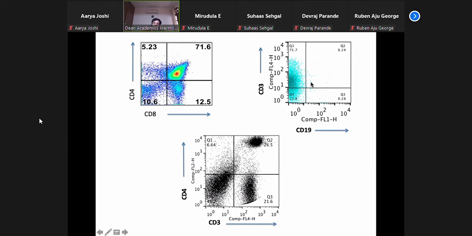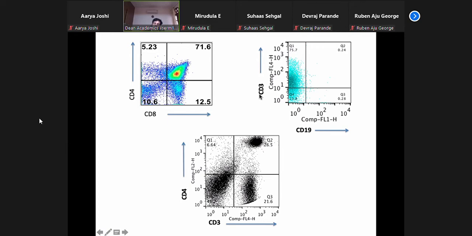All right, and you can see that almost all of these cells on the y-axis express this molecule. Okay, so you can say that these express low level. They are not really negative, but nonetheless, these cells do express some level of CD3, and almost 75% of these cells are expressing quite a significant level of CD3.